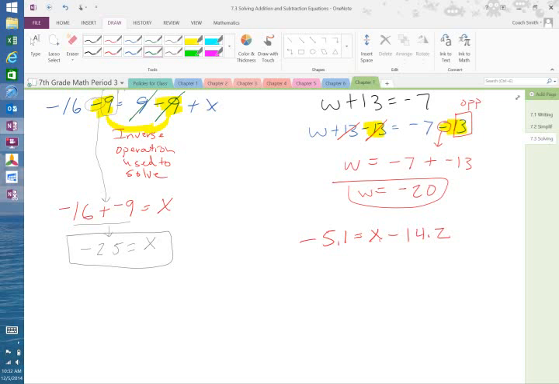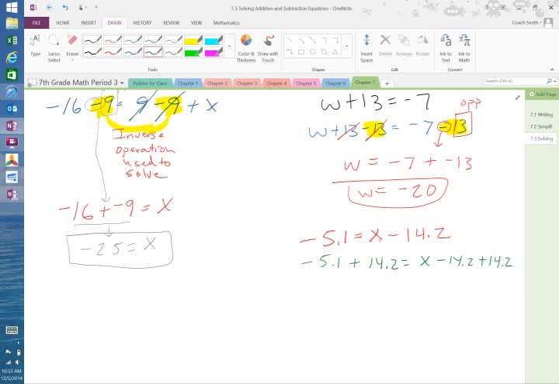There's subtraction. X minus 14.2. Well, there's two different ways you can do it, and both of them are correct. First way is to just do the inverse operation, which is this. Okay? That's the inverse operation.